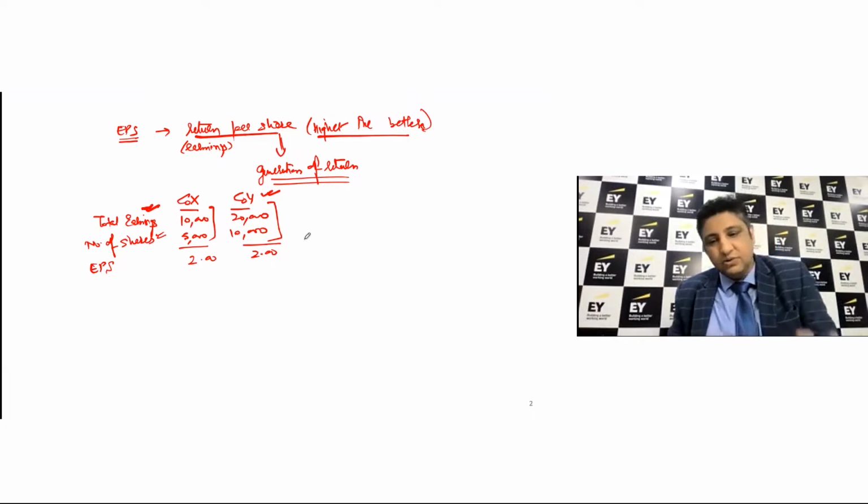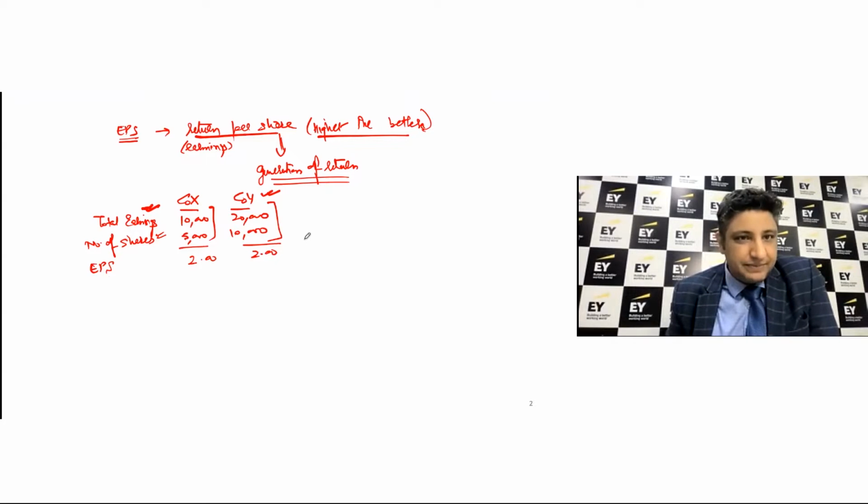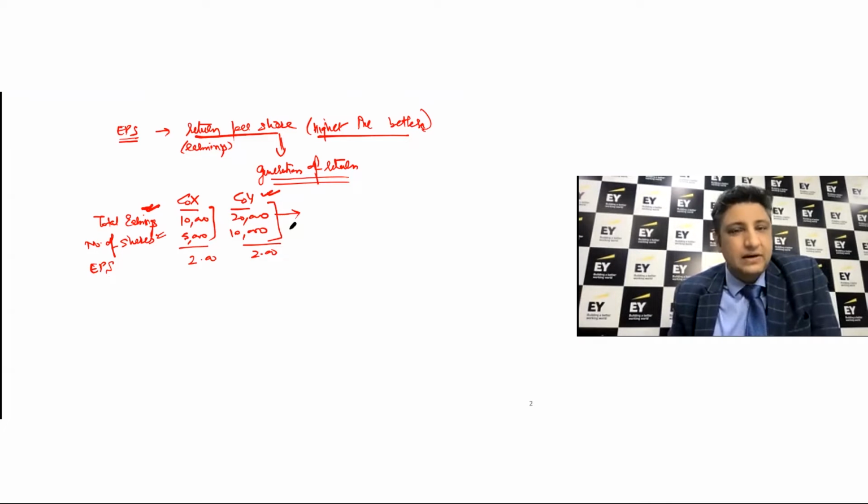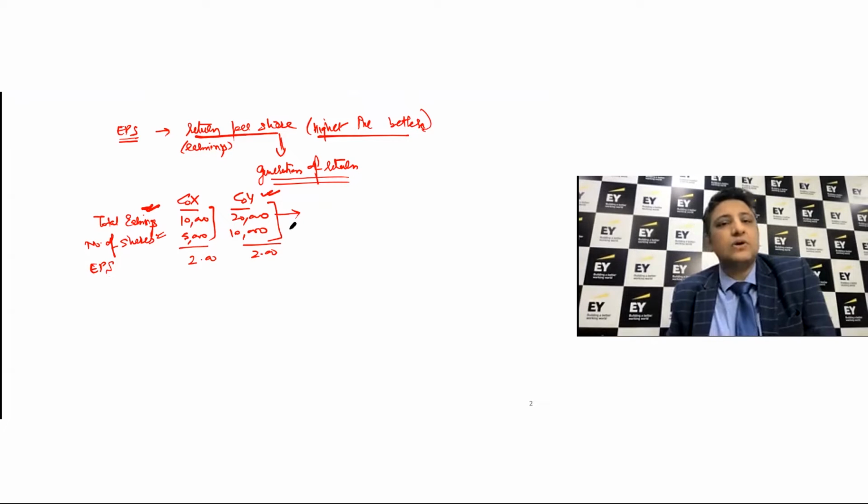So how should a reader of financial statements analyze this number? The total profit does not really matter a lot. It matters, of course, but you start looking at it as a return on the number of shares.